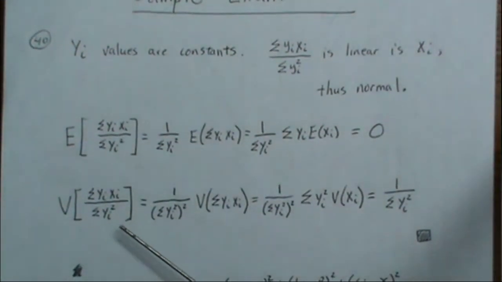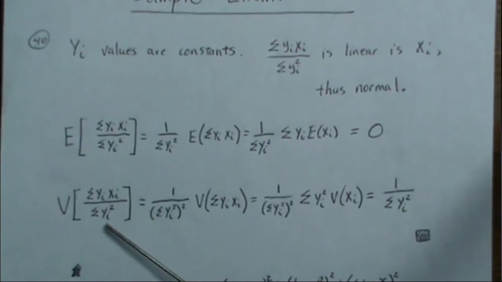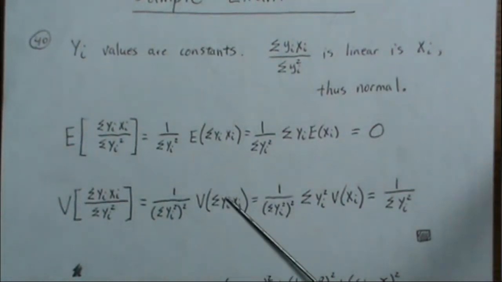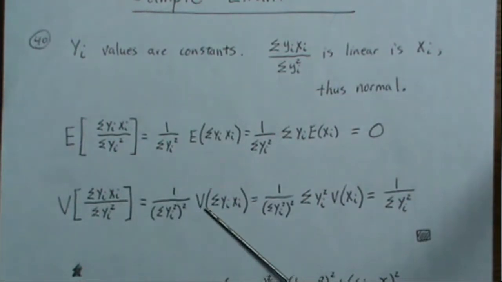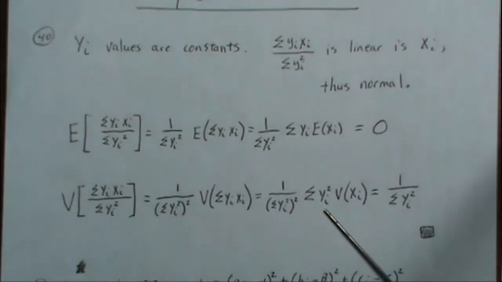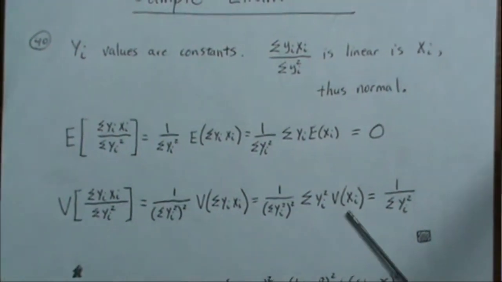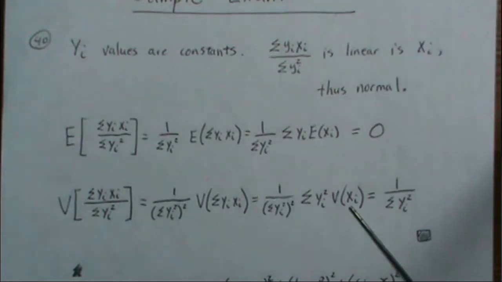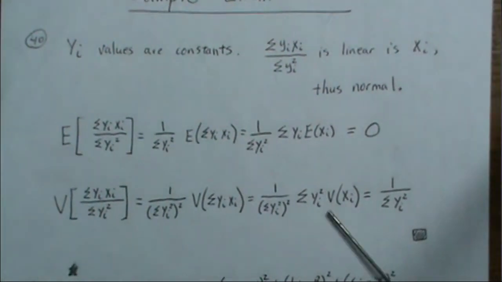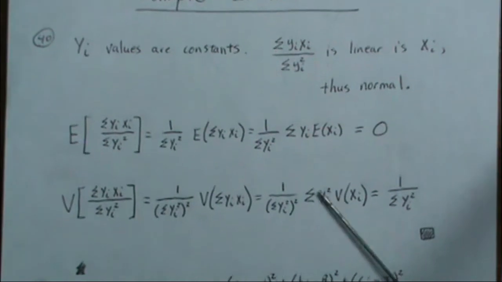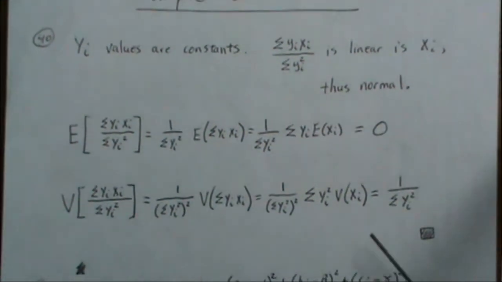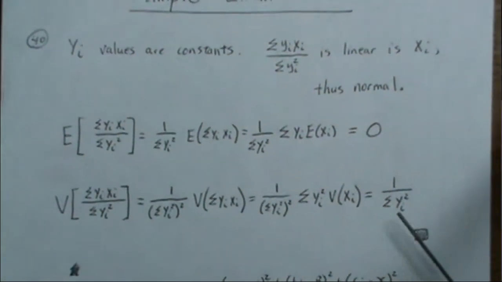For the variance, this is a constant, so we take it out and square it, and then we're still left with the variance of this. That can be taken in, but then this is a constant, so we have to square it, and the variance of each xi is 1. So we're just left with the sum of yi squared. That cancels with one of those, leaving this. So it's normal, mean 0, variance this.